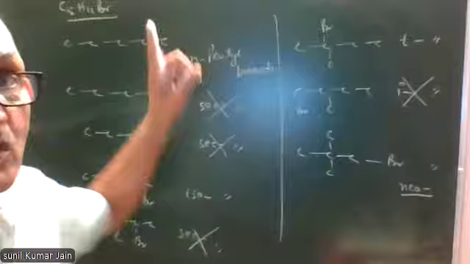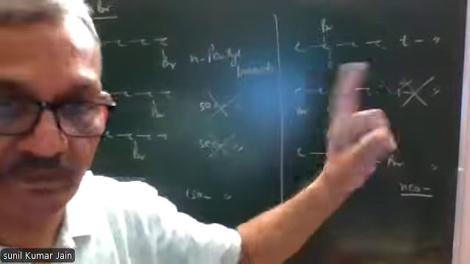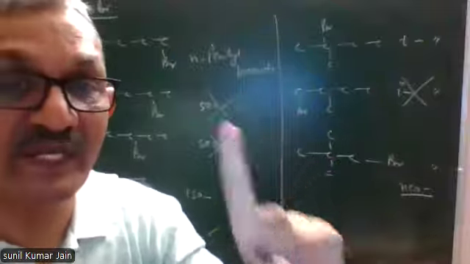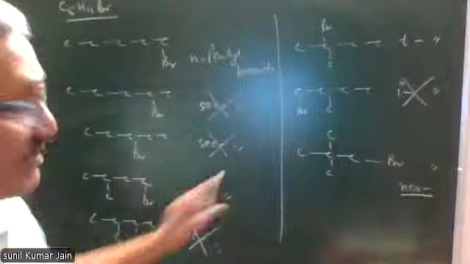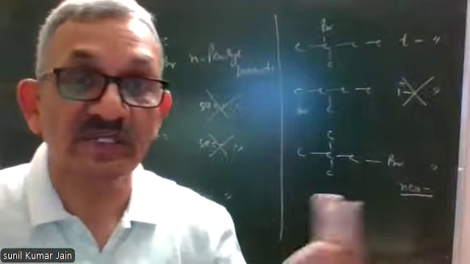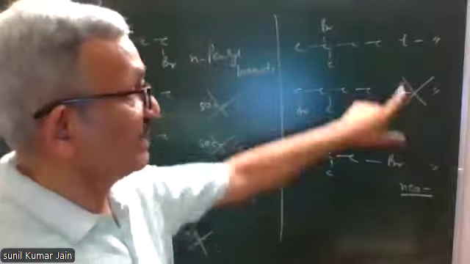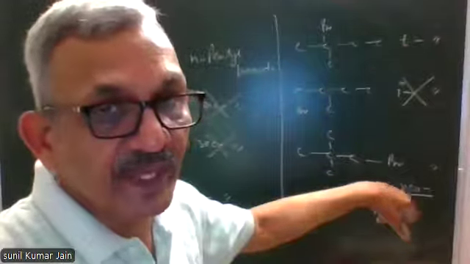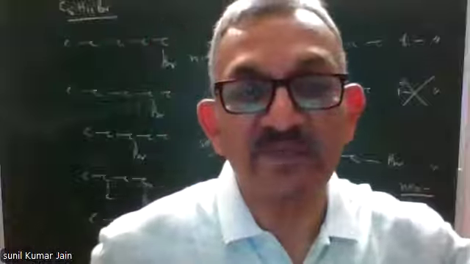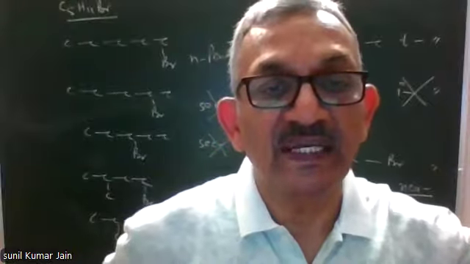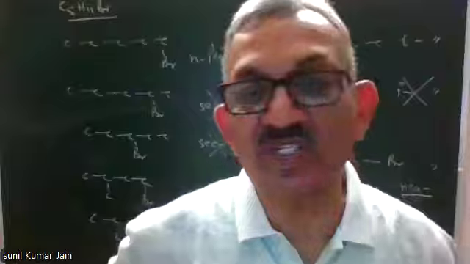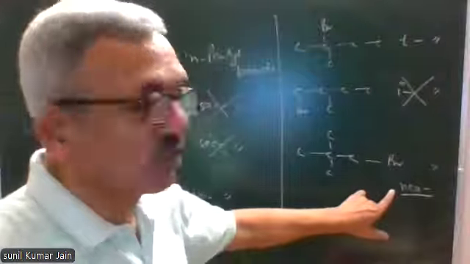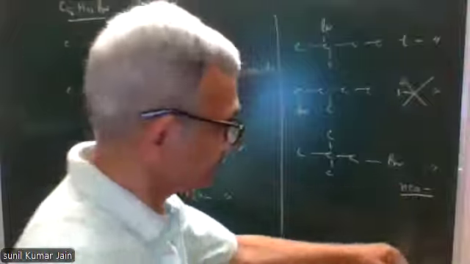When I considered isomers with C4 before this, I used the prefix secondary because there was only one secondary. In this case, I'm not using the secondary prefix because there are more than one secondary. Similarly, so far I'm using tertiary because there's only one tertiary. But if there are more than 5 carbon atoms, then there will be more than one tertiary isomer. In that case, the tertiary prefix will not be used. Now I'm left with only one prefix, that is neo.